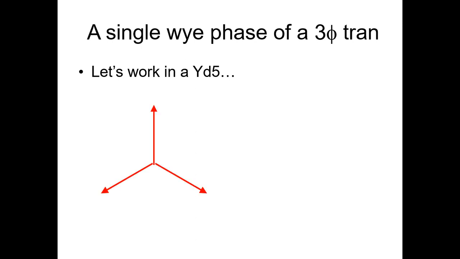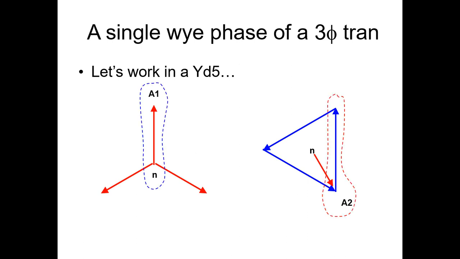Let's work with a Yd5, the mirror of the first one. This is the primary. That is a neutral to phase A of the primary. This is a secondary in delta, and that is phase A2. And this is a neutral to phase A of the secondary. Right. Those are the physical windings.